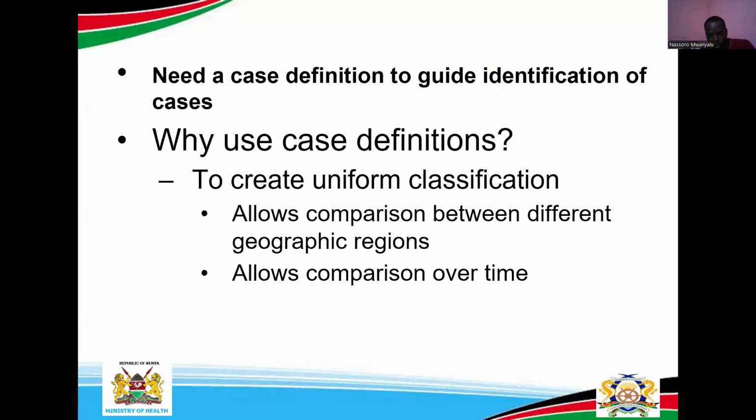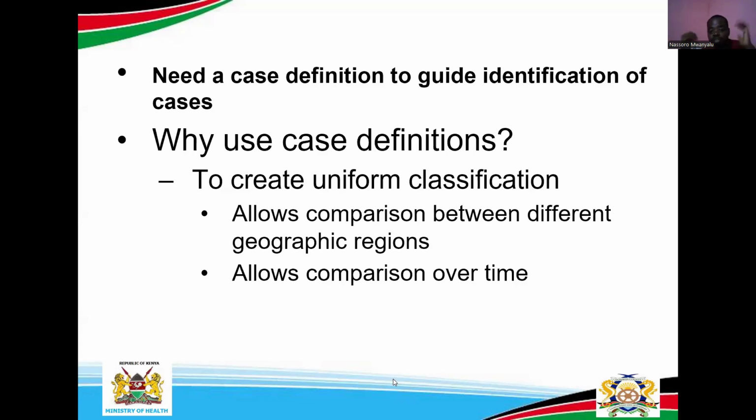So why should we need a case definition? Yes, we talked about the case definition, but why should we have it? We need to come up with a case definition simply because it helps us to create uniformity.